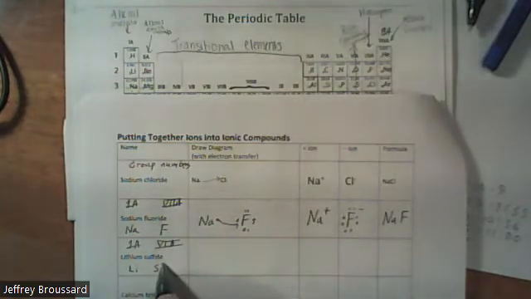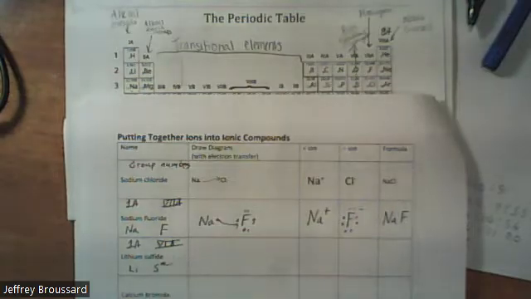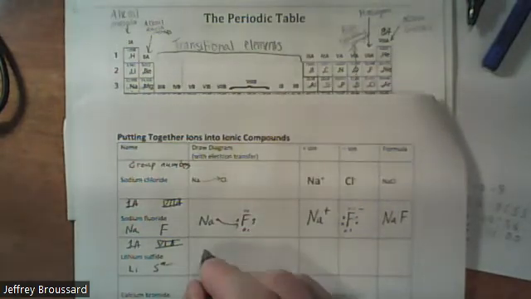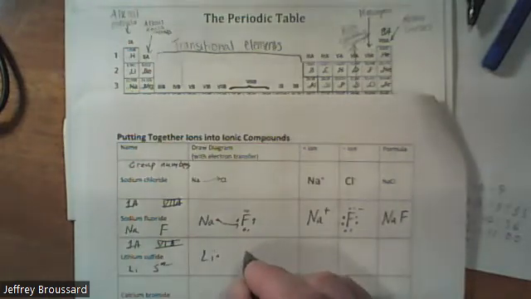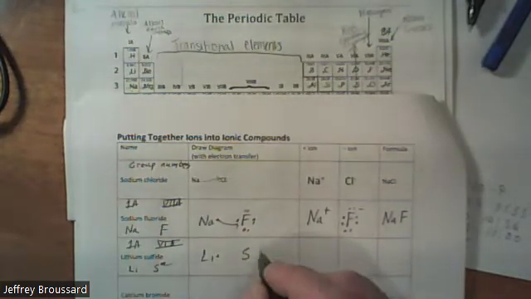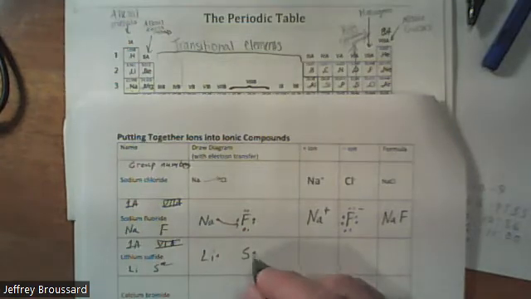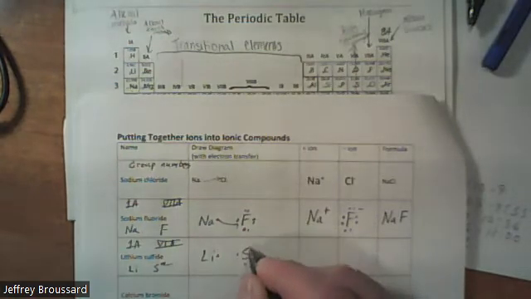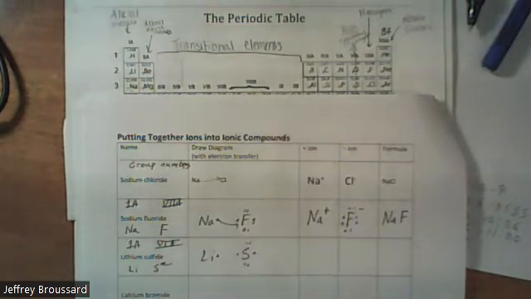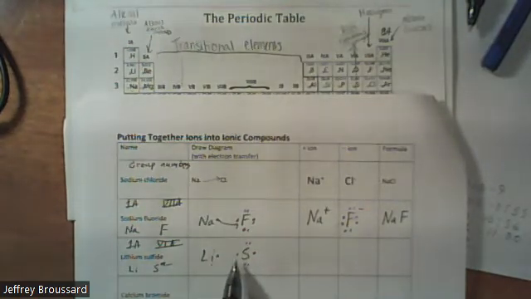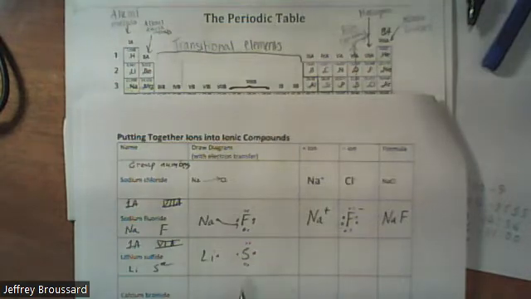I'm not drawing the dots here, so let's just get rid of that. All right. So lithium, it's in group 1A. It's got 1 valence electron. Sulfur, S, it's in group 6A, so it's got 1, 2, 3, 4, 5, 6. Now, I'm leaving these two unpaired for a reason.